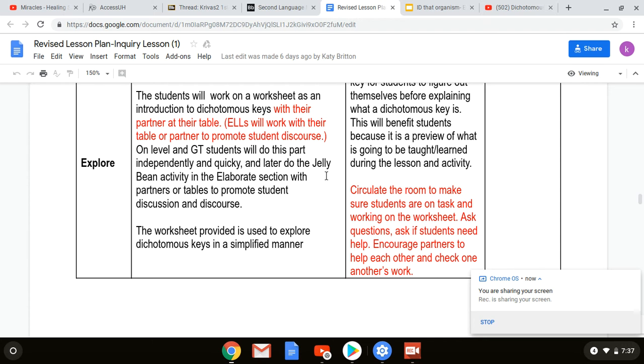Just keep in mind how you're going to group them and partner them, because your higher ELA students are more capable to communicate with their non-ELA peers, but your lower English language learning students might not know how to communicate well with their peers, and they might not participate so much in the group activity.